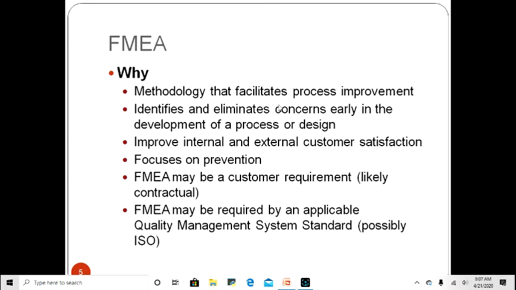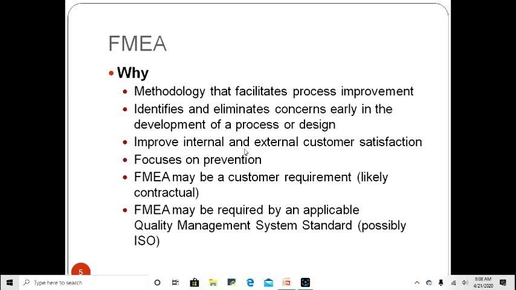So before the process begins itself, you can identify and eliminate whatever risks are associated with it. Improve internal and external customer satisfaction. Focus on prevention. Whatever the customer requirement is, it is kept as a priority, and may be required by the applicable QMS, that is, the standards will be followed.